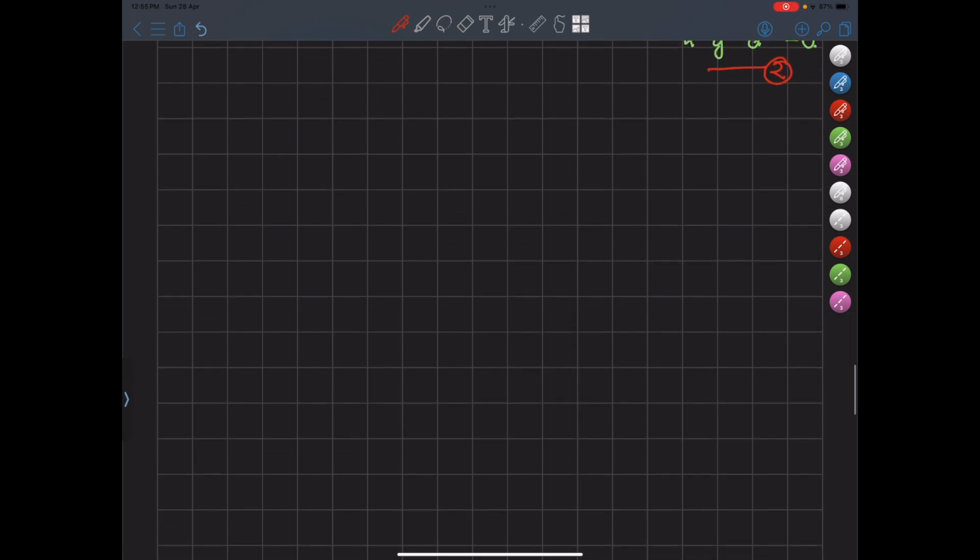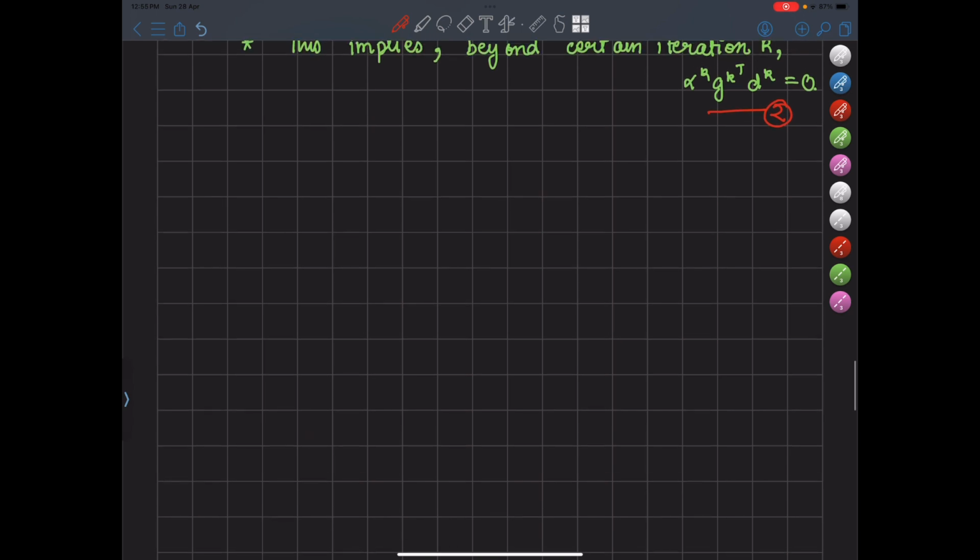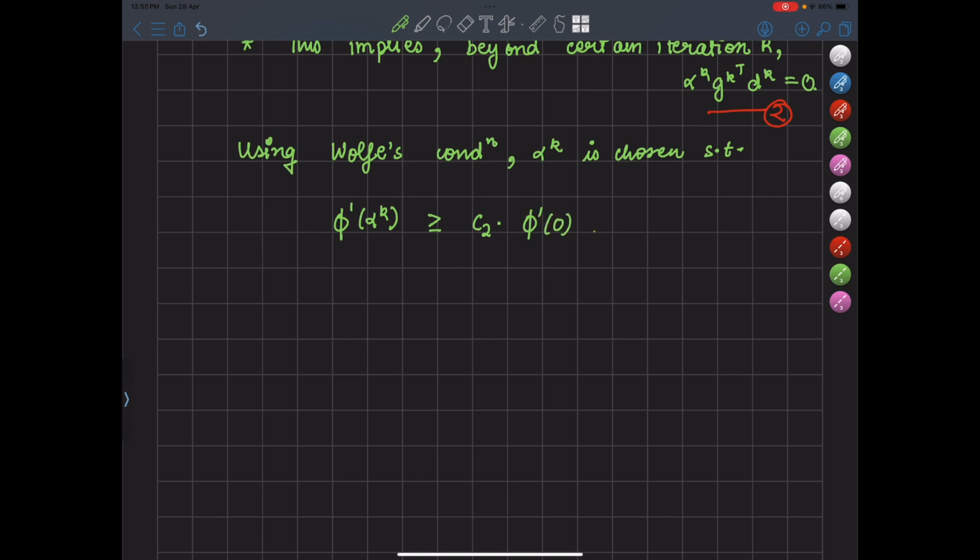Now let's use Wolfe's condition to get some relation. So using Wolfe's condition, alpha k is chosen such that phi dash of alpha k is greater than or equal to C2 times phi dash of 0, where C2 belongs to (C1, 1), right?